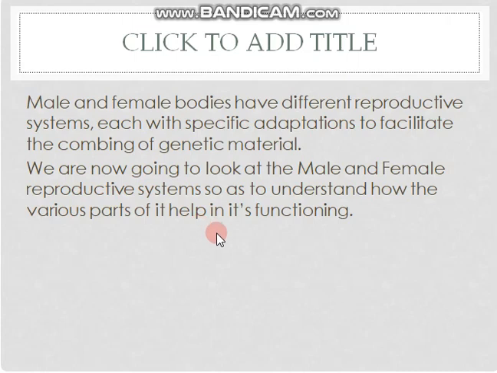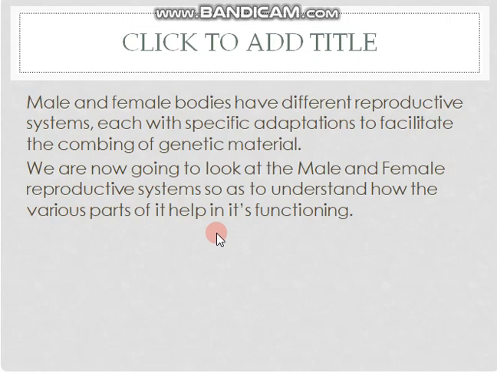Now, when it comes to sexual reproduction, living organisms, in the case of humans, are made of male and female. Male and female bodies have different reproductive systems, each with a specific adaptation to facilitate the combining of the genetic material.